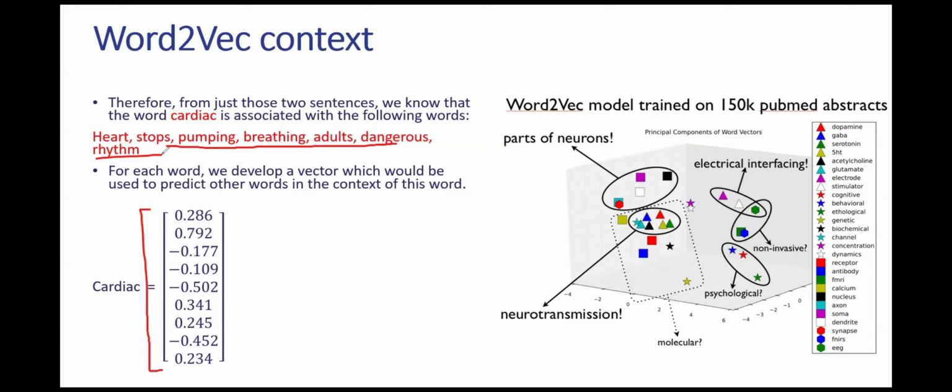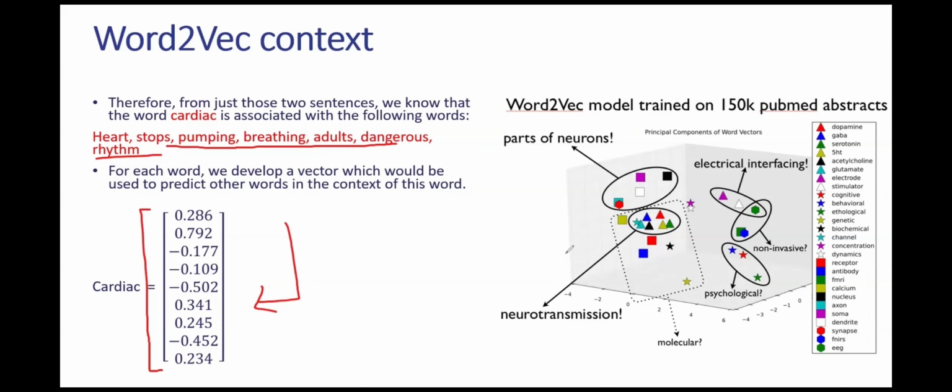So in word2vec, each word in the vocabulary is represented with a vector. So the vector encodes the relationships between the word and other words in this context. So for example, the word cardiac would have a vector like this, where each value in the vector represents a specific dimension of the word's relationship to other words in the context of the training data. So on the right over here, we can see a visualization of the word2vec model that's trained on 150,000 PubMed abstracts.